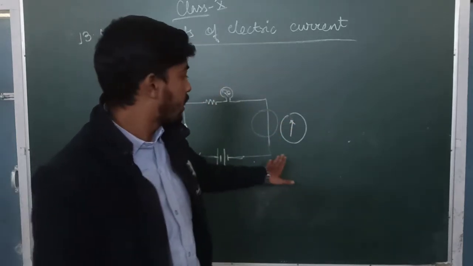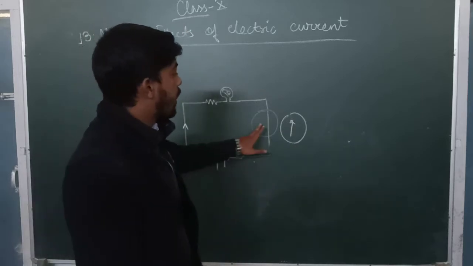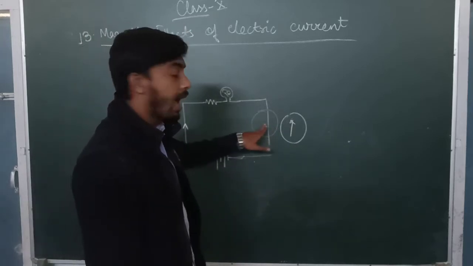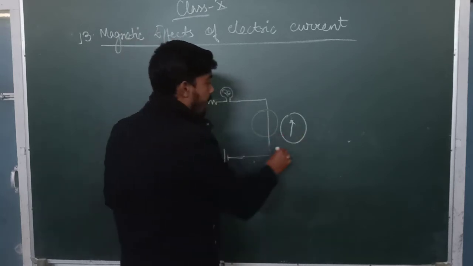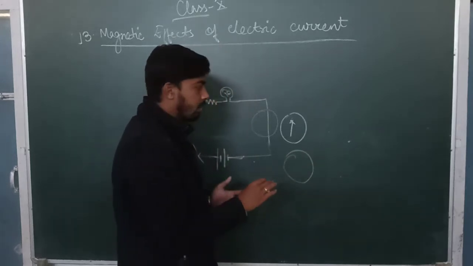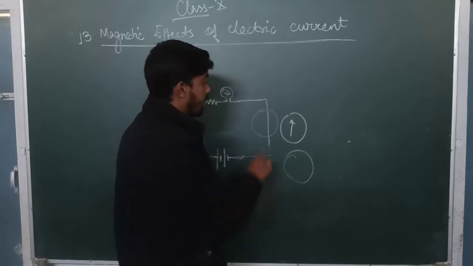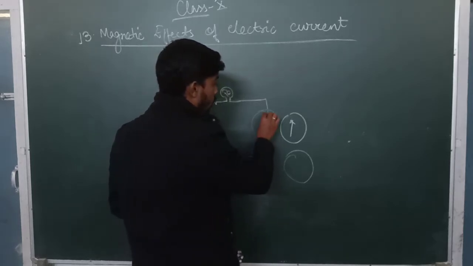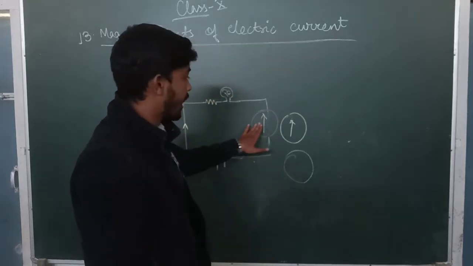Now when he turned the circuit on, the current passed through the wire, and the compass needle deflected. In the normal state, when the circuit was off and no current was flowing, the compass needle was showing this direction.